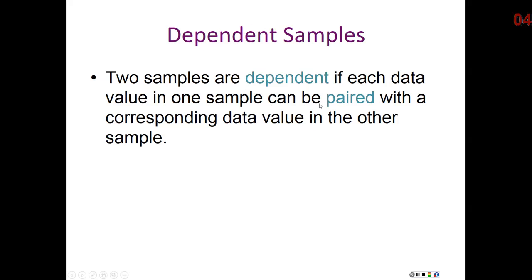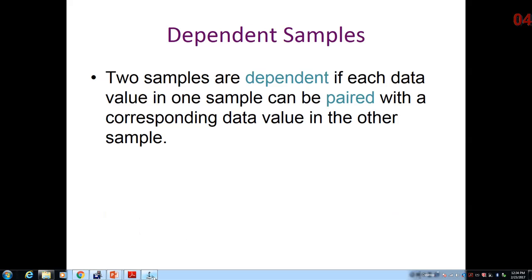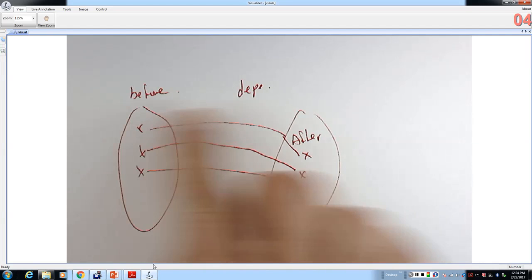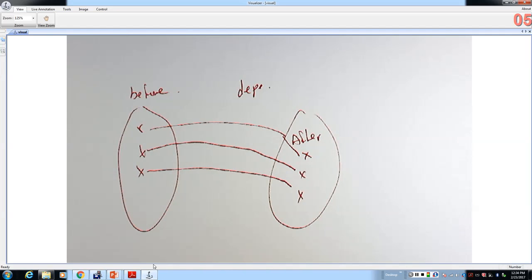It's when two variables are paired to each other. They're linked. You can visually link them. Okay? You can visually say this one goes to this one. I don't know if in your other class they taught you about the one-to-one relationship, but that's basically a one-to-one relationship. Okay? So any questions about that?